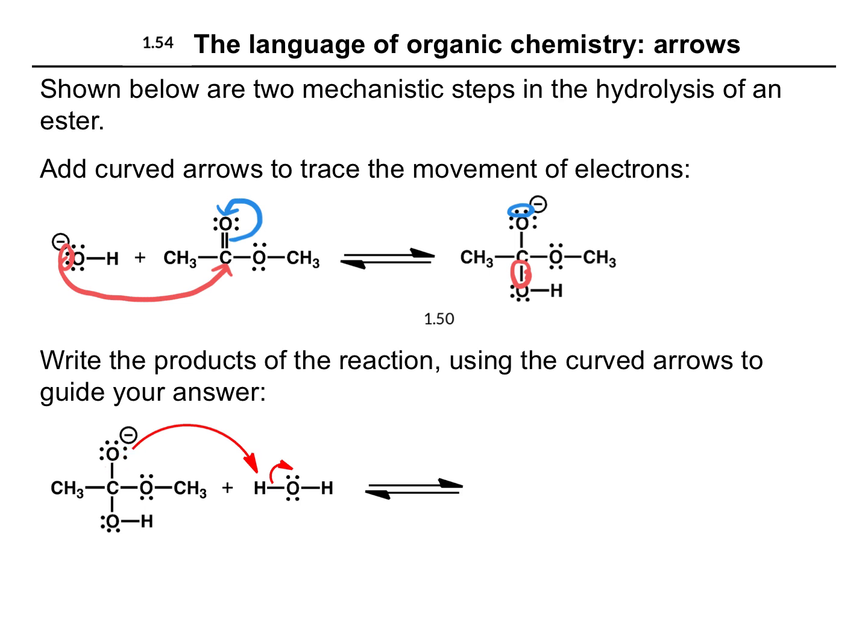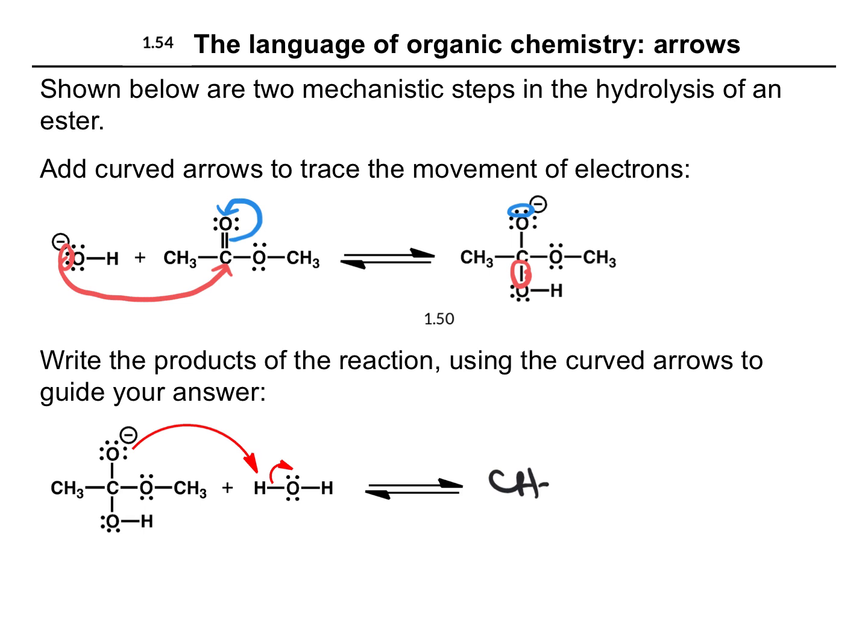So this says that this pair of electrons, this is where the arrow starts, is going to move toward this hydrogen, and so it forms a new bond between the oxygen and the hydrogen. At the same time, this pair of electrons that used to be shared between the hydrogen and the oxygen moves onto the oxygen. So I think we can do this.